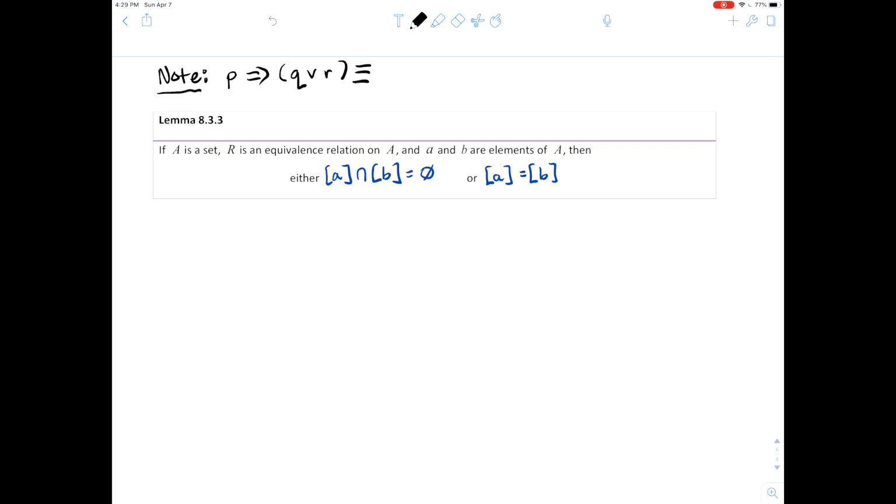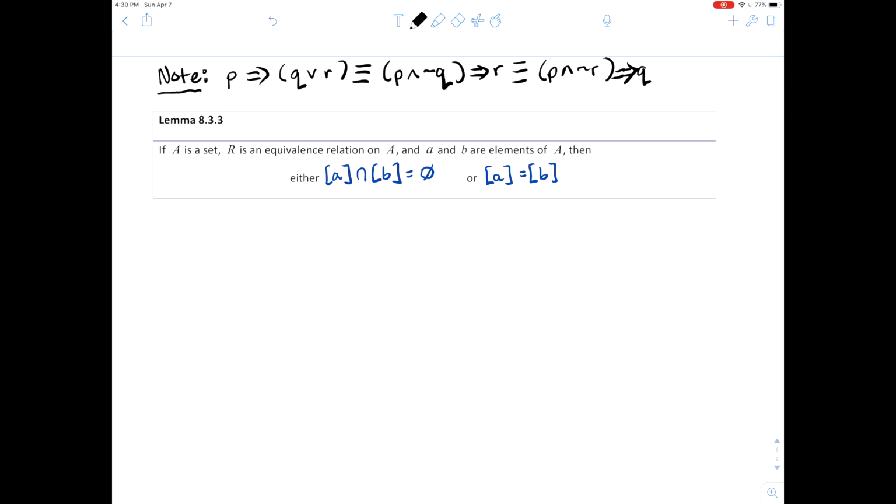It's logically equivalent to P and not Q implies R, and it's also logically equivalent to P and not R implies Q. Okay?